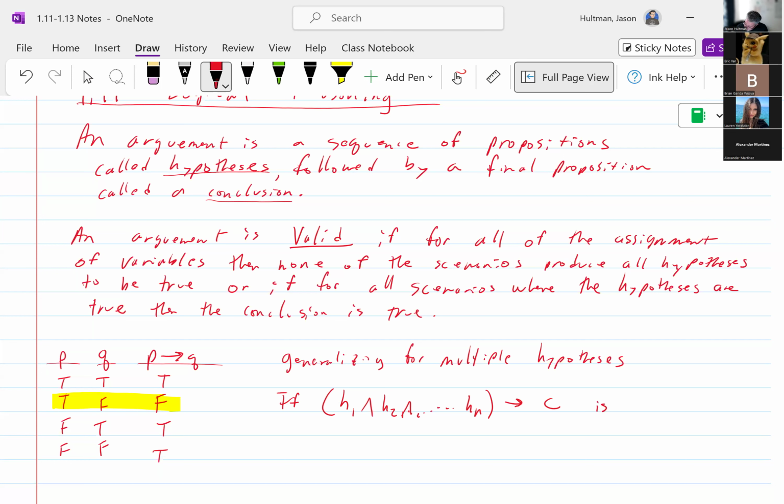If this is a tautology, which means that it's always true, then the argument is valid.